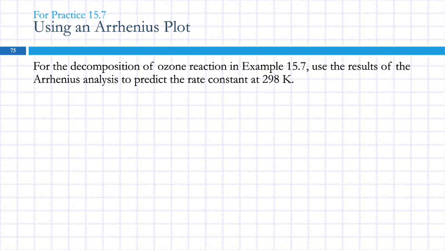On my calculator, A was 4.36 times 10 to the 11th. E to the A was 9.31 times 10 to the 4th, and that's in joules per mole.